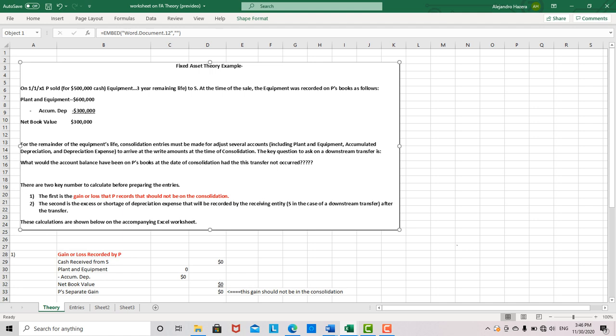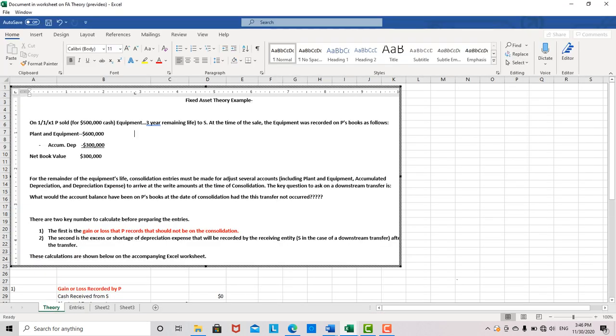Okay, so at the time of the sale, the equipment was recorded on P's books as follows. Number one, P had paid $600,000 for the equipment. They had recorded accumulated depreciation of $300,000 for the equipment, and the equipment had a net book value of $300,000.